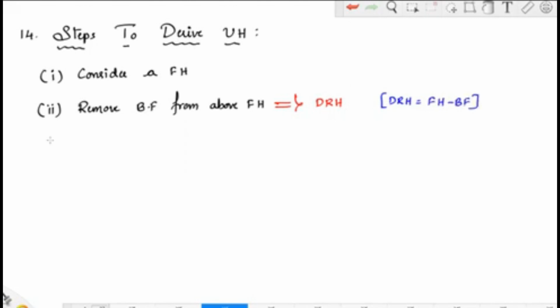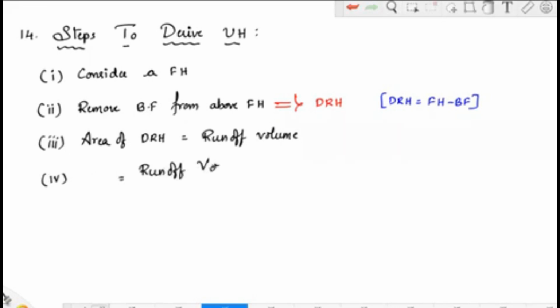Third point. Now you know DRH. You find area of DRH, which will give you runoff volume. So if you find area of DRH, you'll get runoff volume. Fourth step, so this runoff volume, when divided by catchment area, you will get runoff depth.